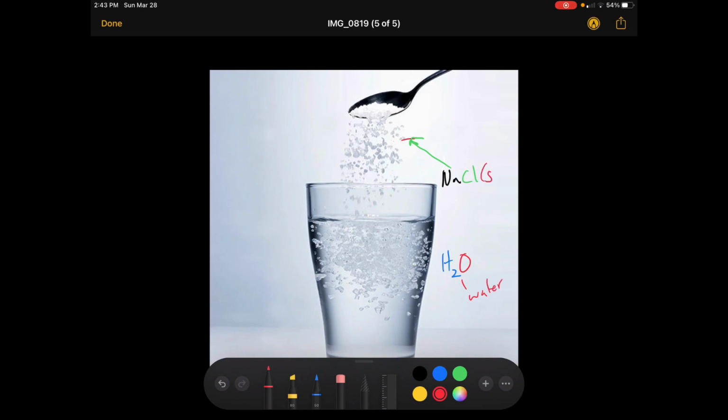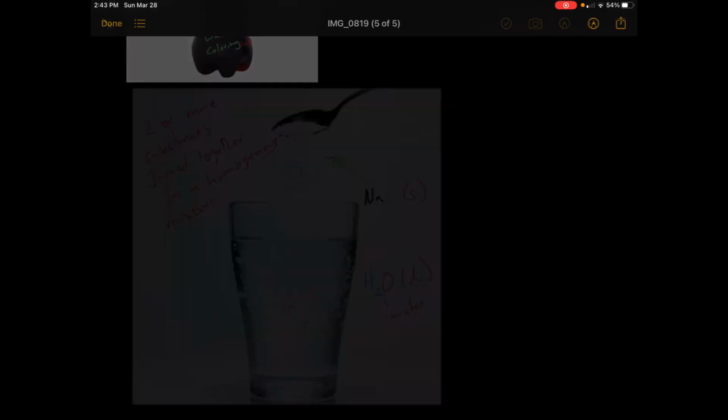This NaCl is a solid, and this water is a liquid. So you have two or more, I know I'm redundant, two or more substances joined together in a homogeneous mixture. So these are some everyday solutions.